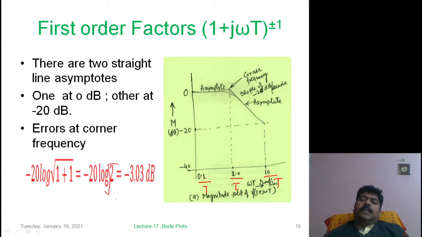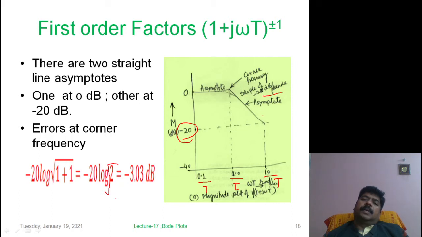Up to 1 by t it is contributing 0 dB. After that, from 1 by t to 10 by t, the dB is coming to minus 20 dB. So this will be contributing at a slope of minus 20 dB per decade.